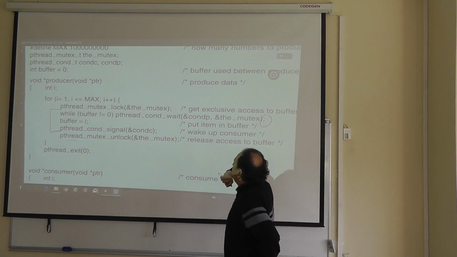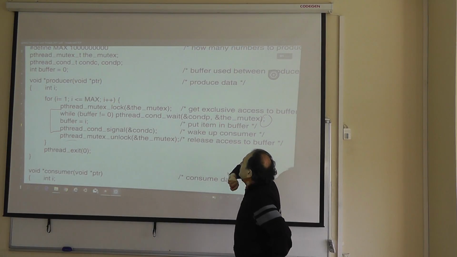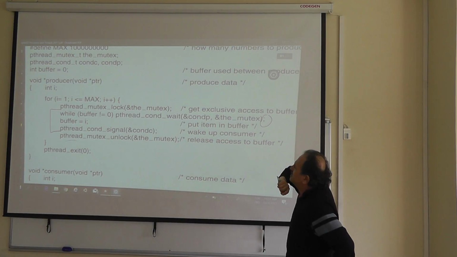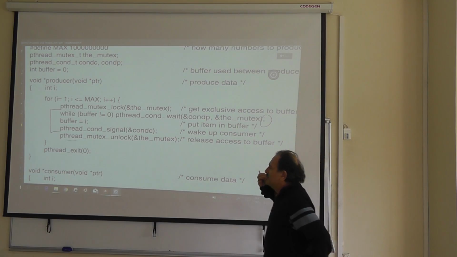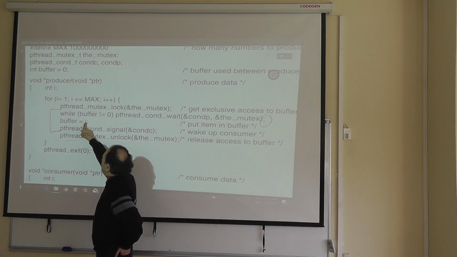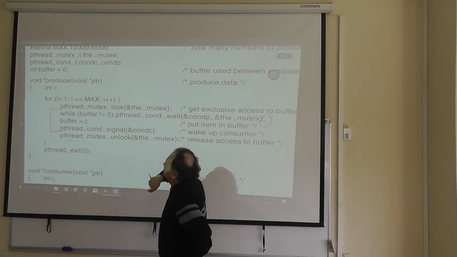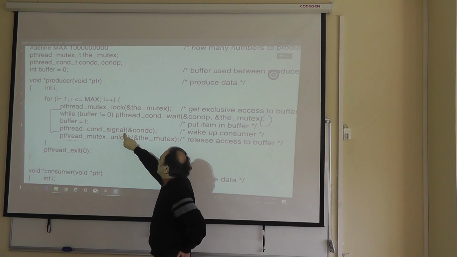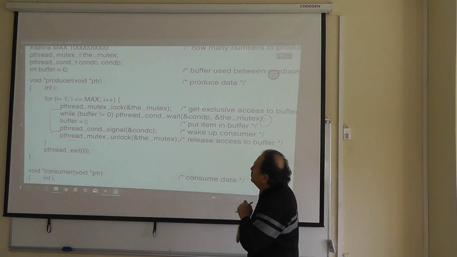I will sleep until somebody signals me on this condition variable. If the buffer is 0, then I assign this value of i to the buffer, and if somebody is waiting for this buffer, then I will send a signal. So I am sending a signal to the consumer using that condition variable.